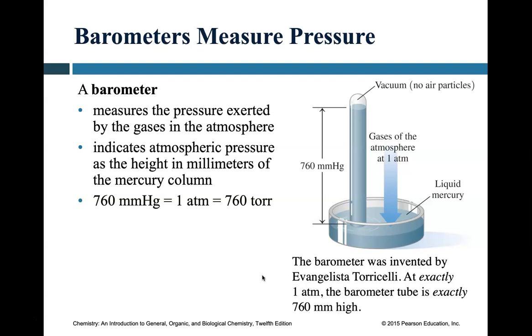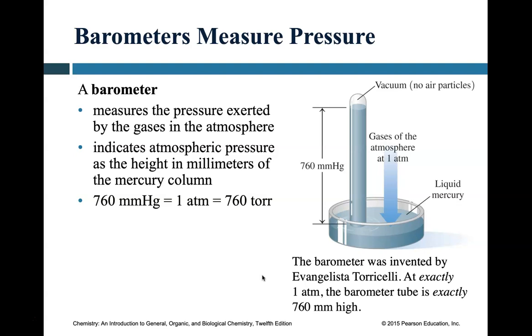Measuring pressure is done using a barometer, and I think most people have heard of that term before in grade school. It's just an apparatus that measures the air pressure surrounding the instrument. This is a good example to show why millimeters of mercury are a measurement of pressure despite looking like a measurement of length.